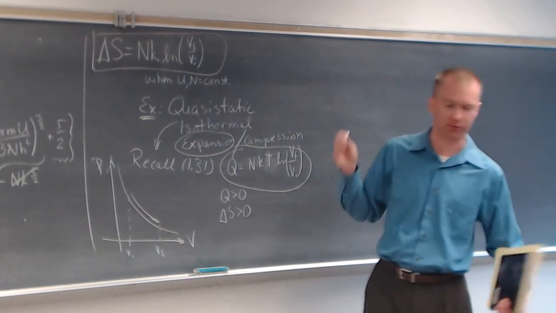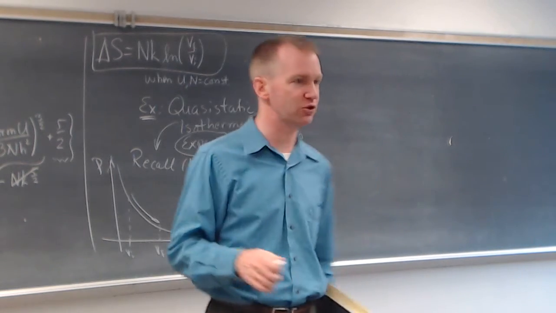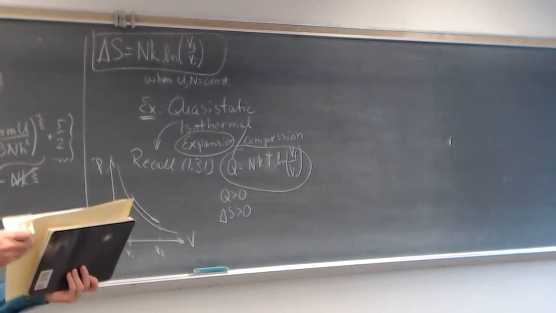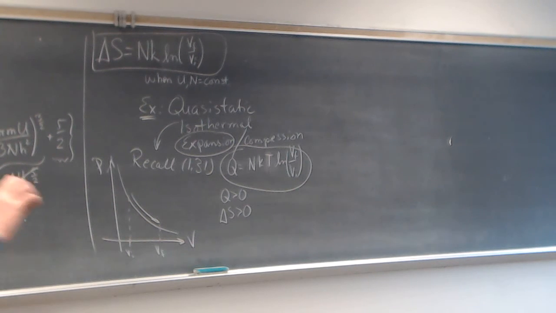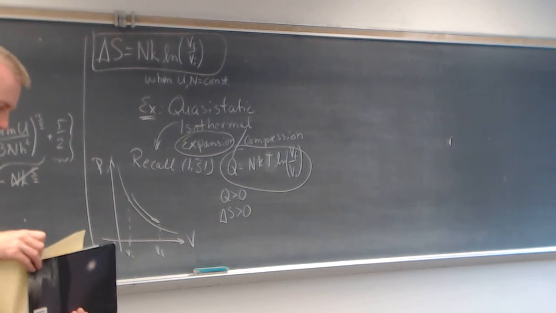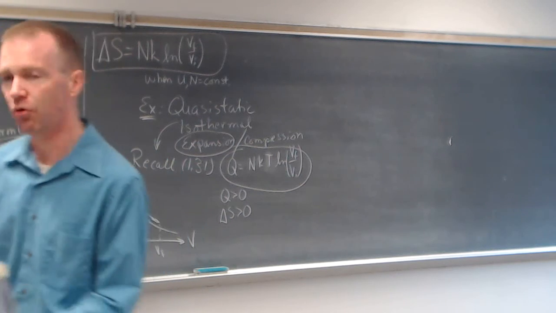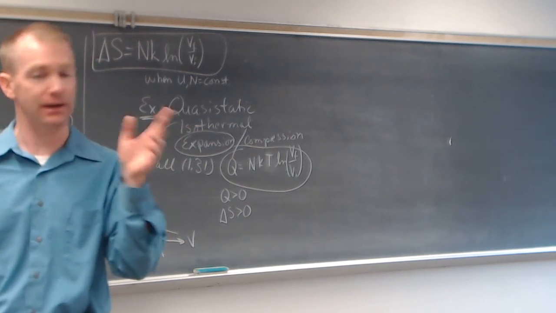We'll find more general cases later on, but that's mentioned in one of the homework problems. Okay, so adding heat raises the entropy of the system. Entropy flows into the system with the heat that it takes in. But that's not all. We have other cases where that doesn't happen, or where we raise the entropy without adding any heat.